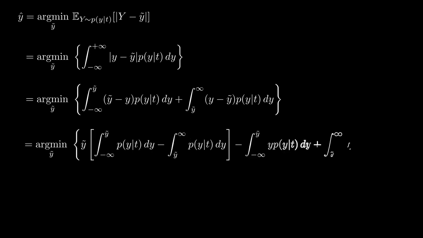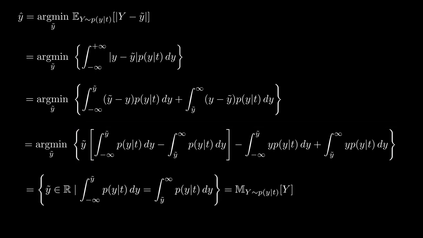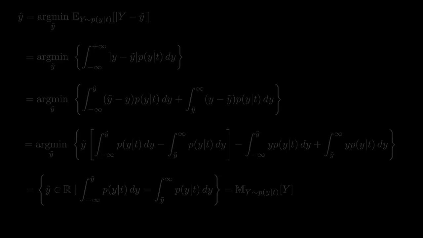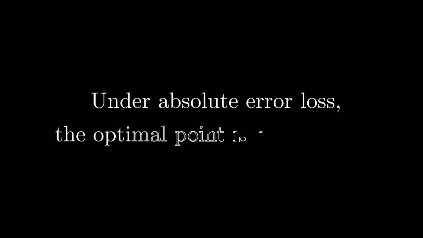Take y tilde out of the integral, just like we had in the last episode, and because of the first derivative test, set the derivative of the term inside the brackets with respect to y tilde equal to 0, which will give you this equation, which is the definition of the median for a continuous random variable. This is telling us that under the absolute error loss, the optimum point is the median. In other words, it is the median that minimizes the expected value of the absolute error loss.